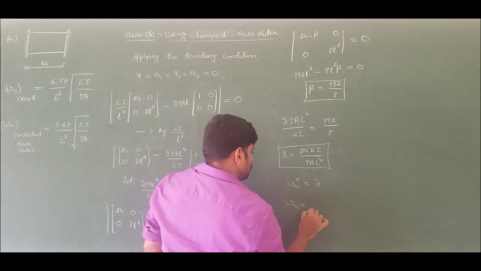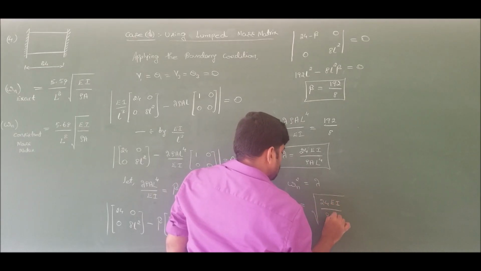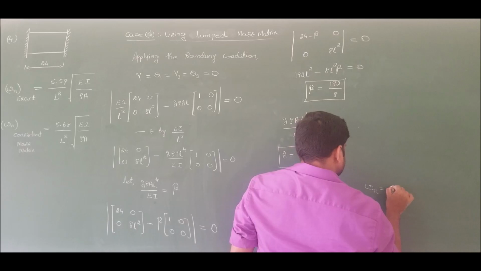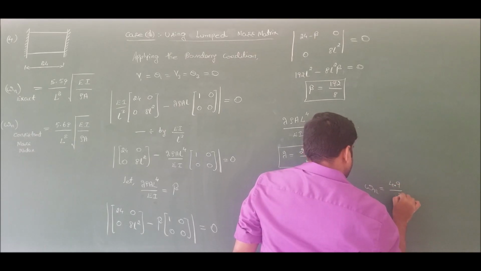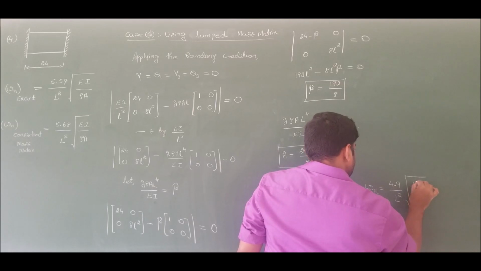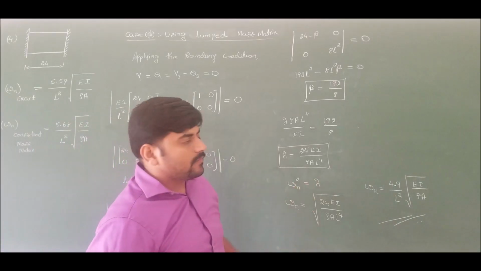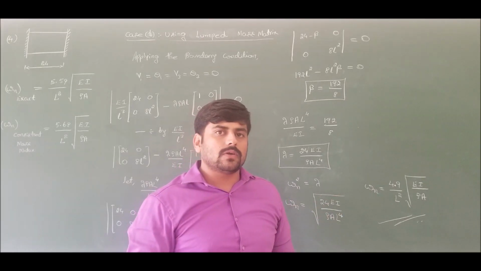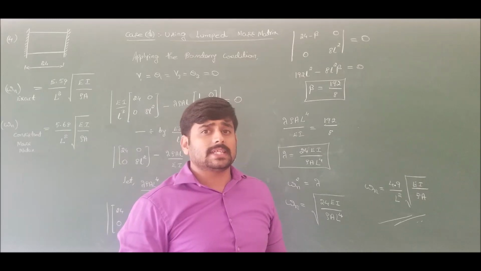So omega n is equal to the square root of 24 EI by rho A L to the power of 4, which gives us the natural frequency as 4.9 by L square times square root of EI by rho A. So this is the solution for case B, in which we have calculated the fundamental natural frequency for the fixed beam by using lumped mass analysis as 4.9 by L square root of EI by rho A. Let us move on to case C and find the percentage error for case A and case B.